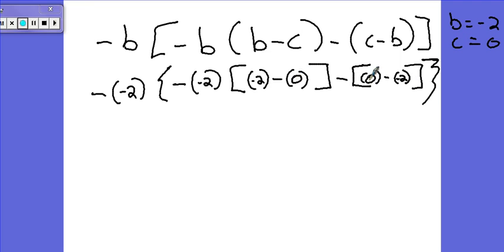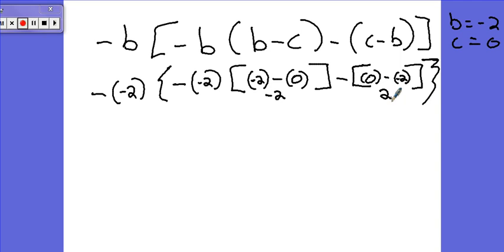All right, so let's do all our fancy work inside the parentheses. I don't want to rewrite this constantly. So let's take a look at this one. Negative 2 minus 0. Yep. 0 minus minus 2. Positive 2. Yep.